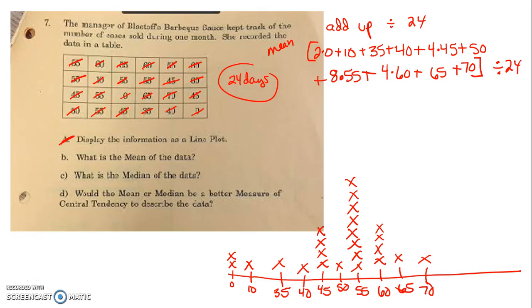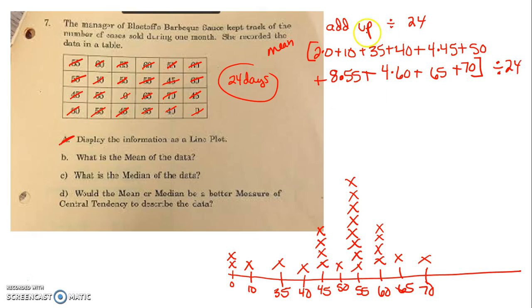It is what it is if I do. There's 4 60s, so we have to do 4 times 60, plus 65, plus 70. Now, I'm not going to say for sure that I got my sum right, but I came up with 1130.